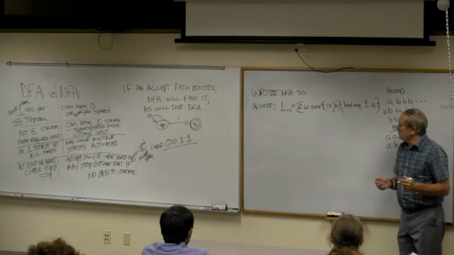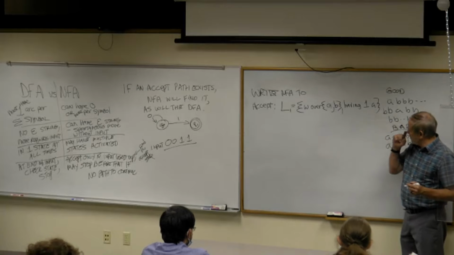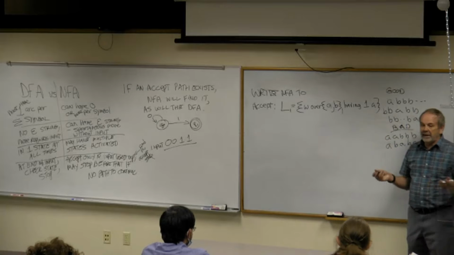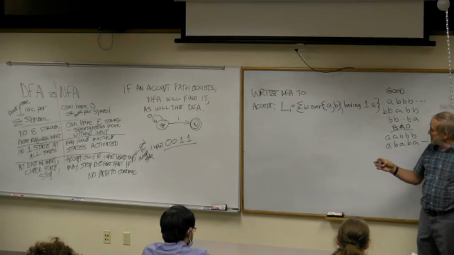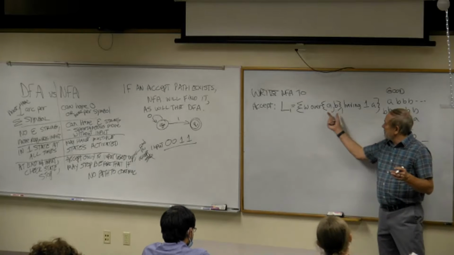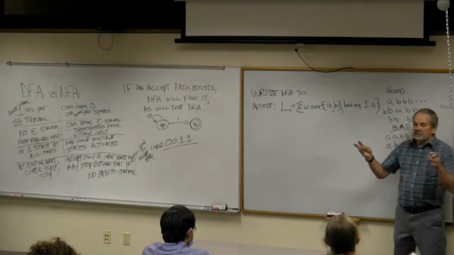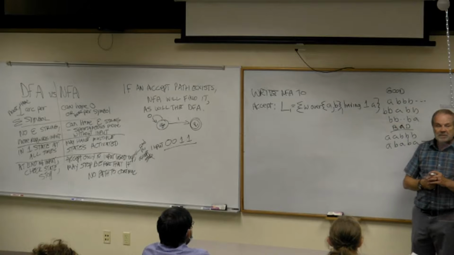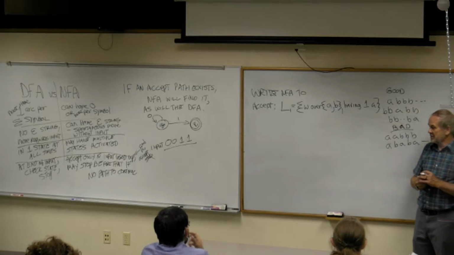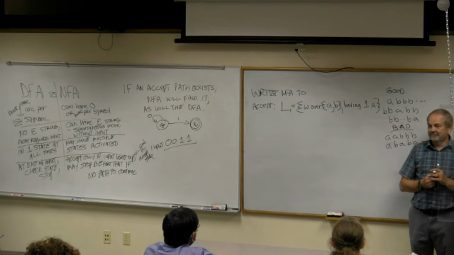What would we do to get a string over AB having exactly one A in it? It should accept every single string that you could possibly create using A's and B's if they have just one A in them. Somebody have a solution you'd like to suggest?